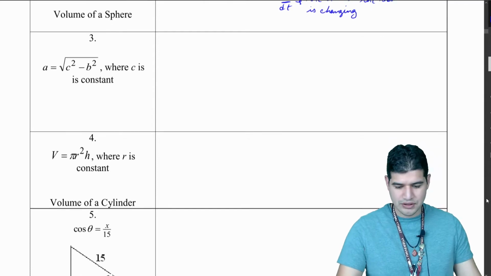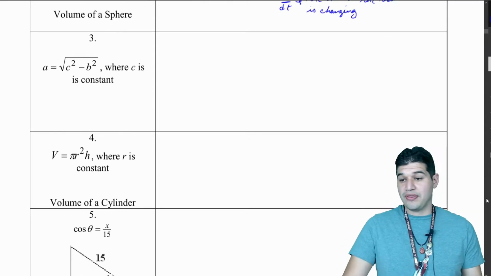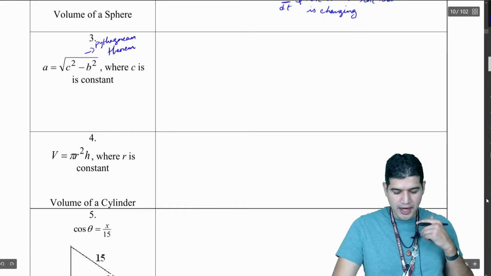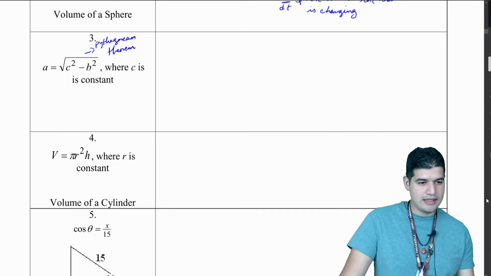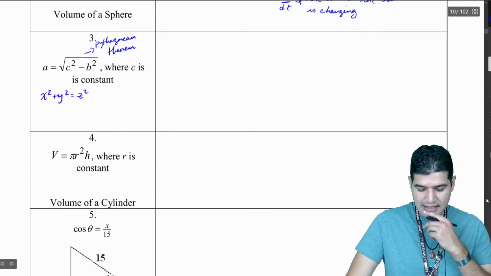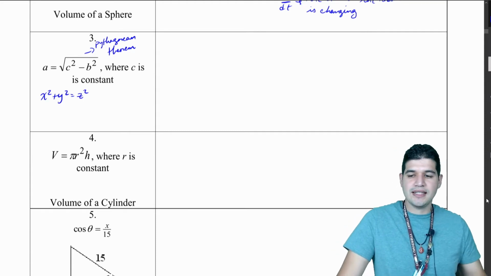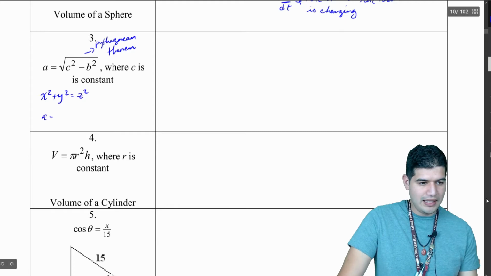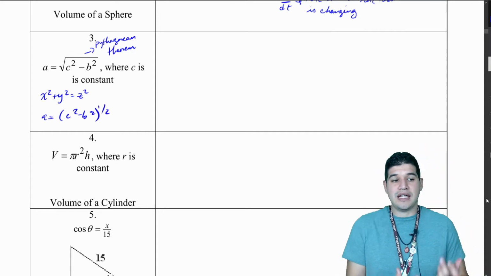Now I'm going to move down to here. What you want to notice about this particular equation is that it is probably more well known as the Pythagorean theorem. You might also recognize it as something like x squared plus y squared equals z squared. As we take this derivative, you might want to say A equals c squared minus b squared to the power of 1/2, just rewriting that square root like I tend to do.